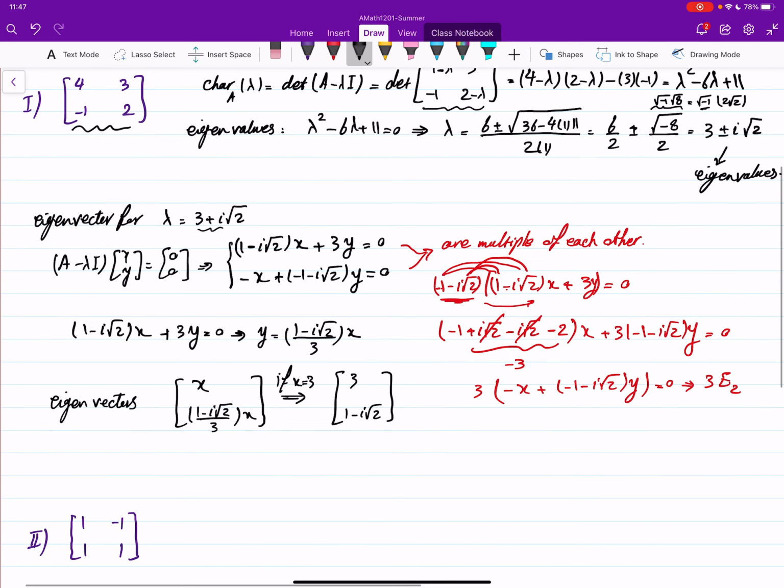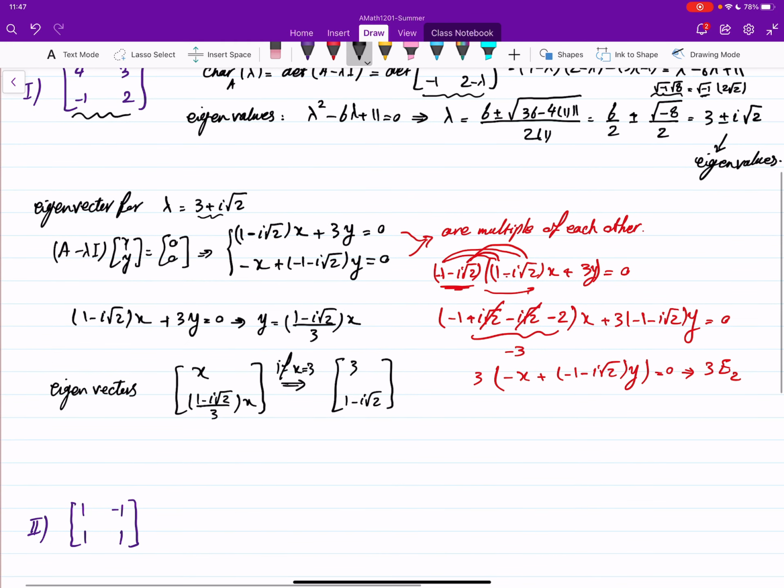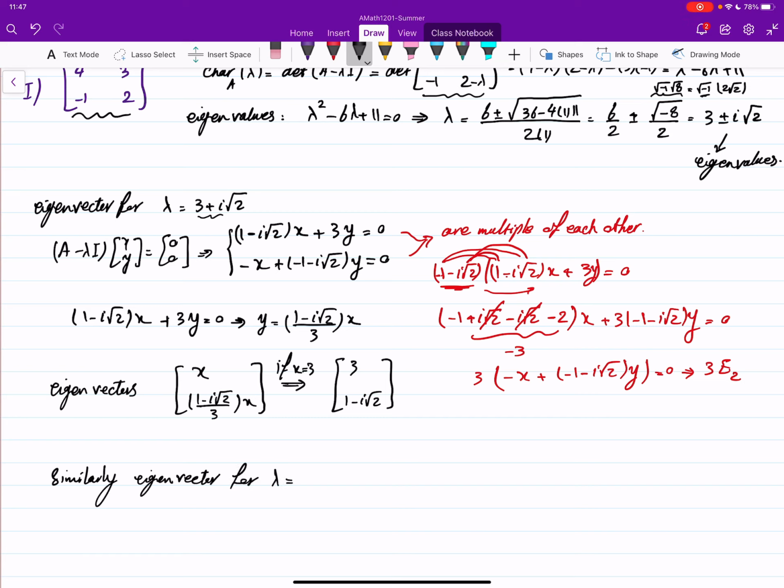You can similarly find another case there. So for example, similarly, eigenvector for lambda equal to 3 minus i root 2.